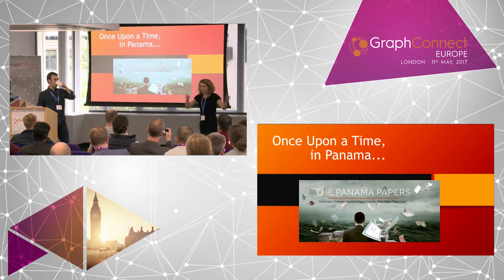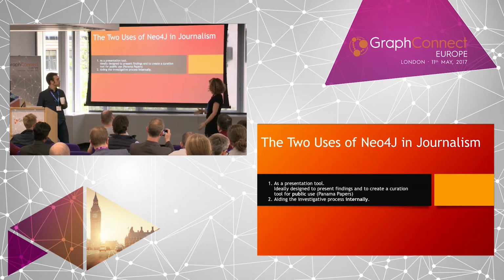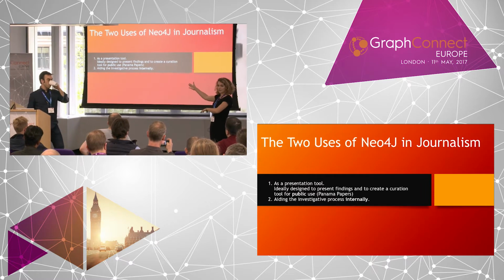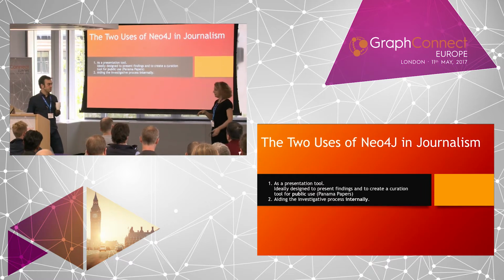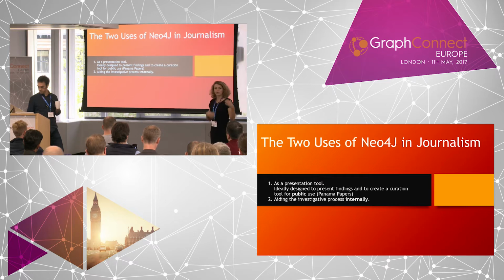You can go in there, you can click on your bubbles, and it's a curated, well done data set that's out for the public to use. And then there's the second way of doing it, which is what we want to talk about today, which is using it internally as part of an investigation, which means that you can have a little bit more flexibility in your matching because eventually you're going to use it as a starting point to then report from, right?